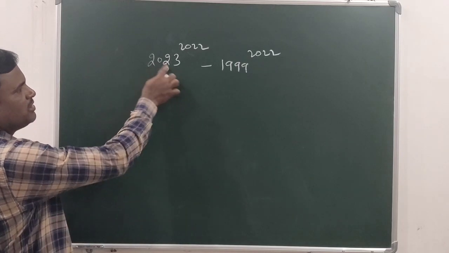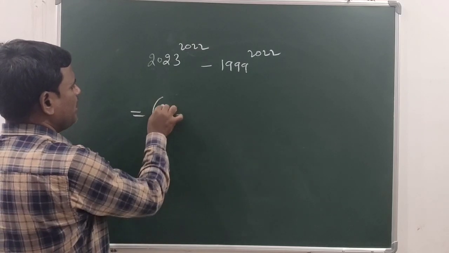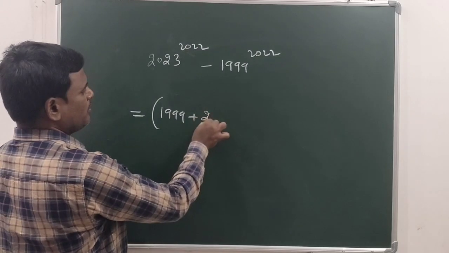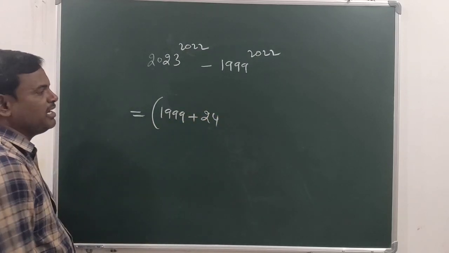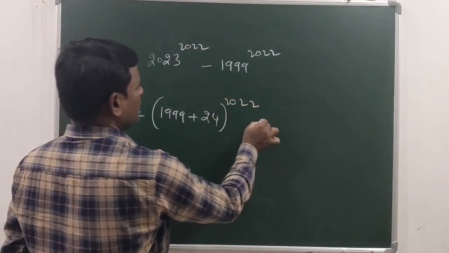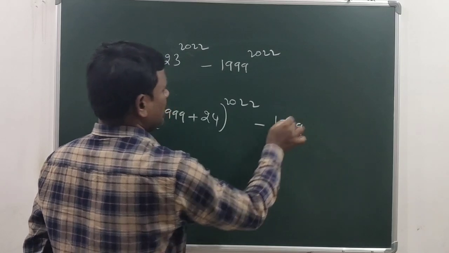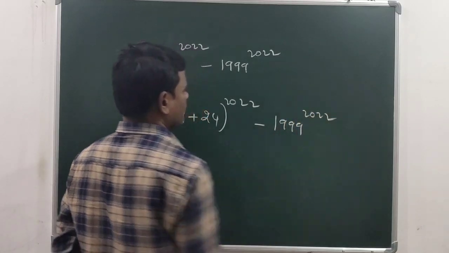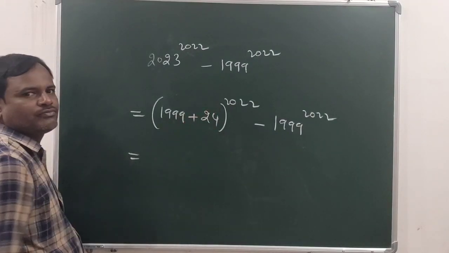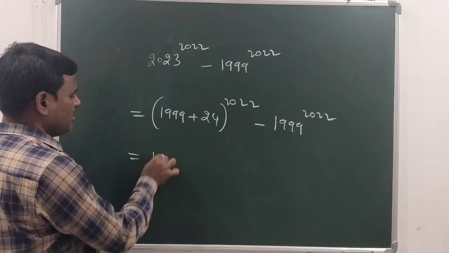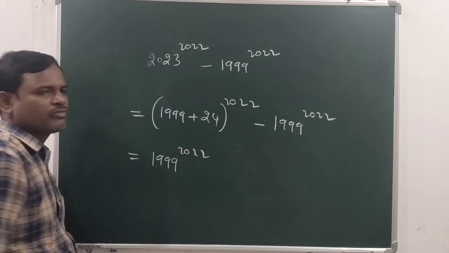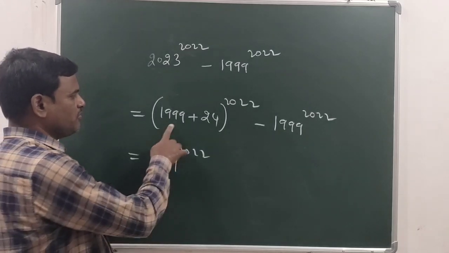See students, this 2023 I would like to write as 1999 plus 24. If you add 24 to 1999, you will get 2023. So (1999 plus 24) whole power 2022 minus 1999 whole power 2022. Now expand this. In this expansion, you will get 1999 whole power 2022 as the first term.